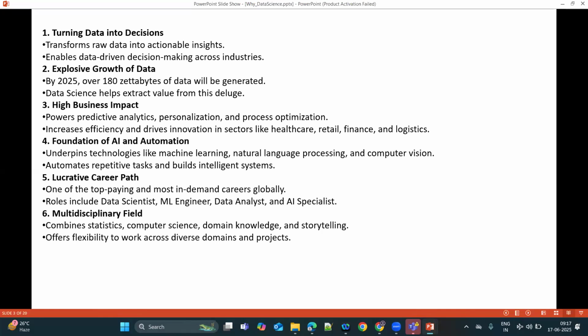The very first reason is turning data into decisions. We are getting millions of data from platforms like social media, for example Instagram, LinkedIn, and Facebook.